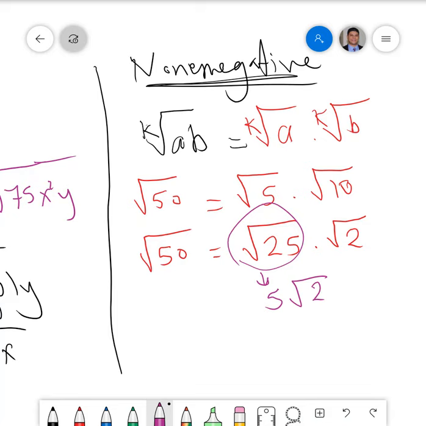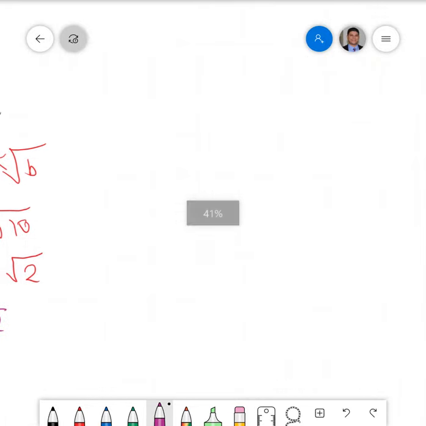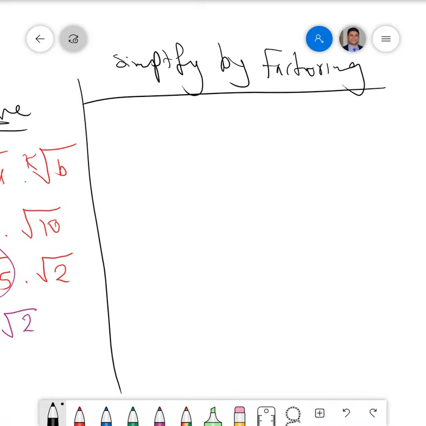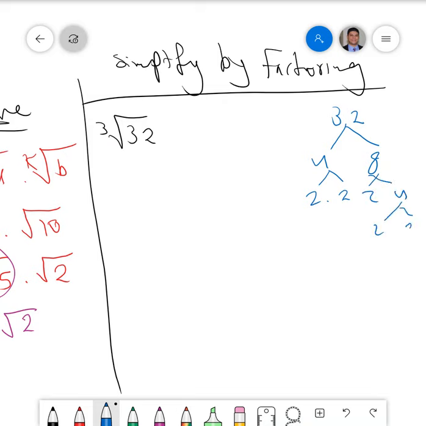So first example here, simplify by factoring. Third root of 32. If you don't know, you can factor using prime factorization. 32 here is 4 times 8. 4 is 2 times 2. 8 is 2 times 4, 4 is 2 times 2.